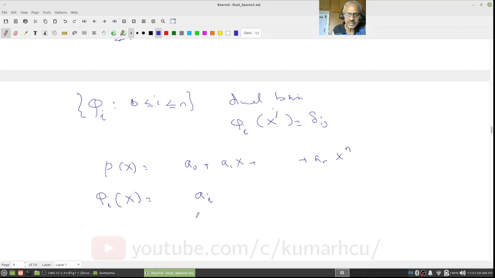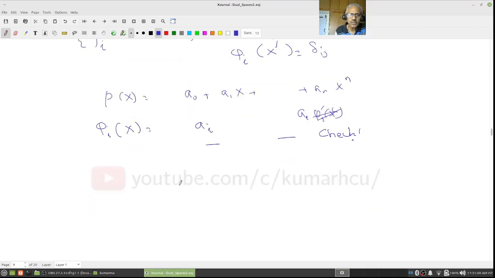Do you understand that? Phi_i of a0 will be 0, phi_i of a1 x will be 0, because that will be a1 times phi_i of x. Then I come to a_i phi_i of x power i, that will be 1, and the rest are all 0, right? So this is the dual basis.